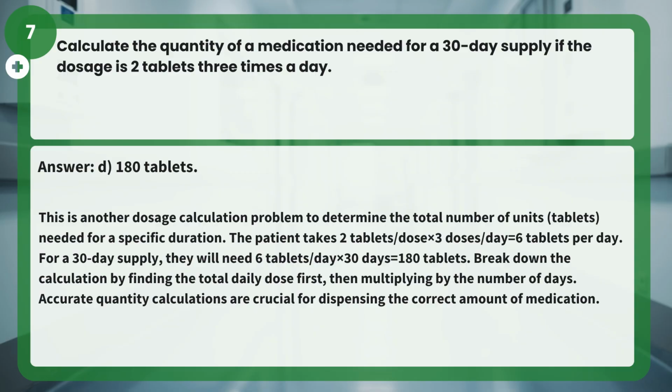For a 30-day supply, they will need 6 tablets/day × 30 days = 180 tablets. Break down the calculation by finding the total daily dose first, then multiplying by the number of days. Accurate quantity calculations are crucial for dispensing the correct amount of medication.